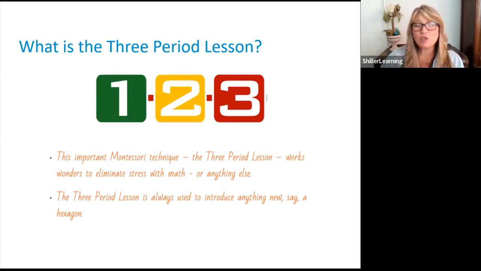And it's going to help to eliminate stress with math, with language arts, with any subject that you are teaching.